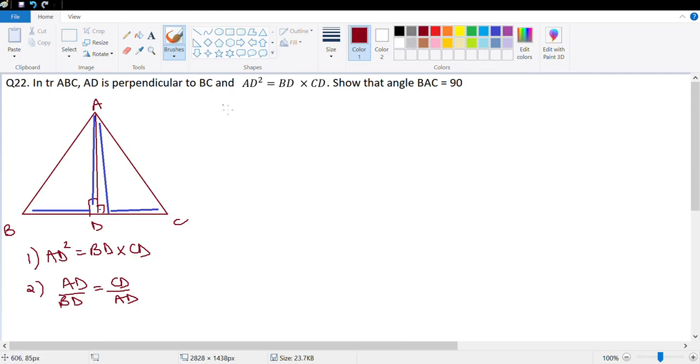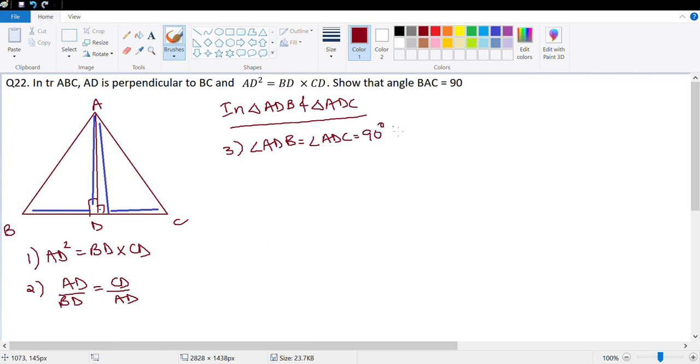So in triangle ADB and triangle ADC, point number 3, angle ADB is equal to angle ADC is equal to 90 degrees. This is given. Point number 4, we have AD upon BD is equal to CD upon AD.